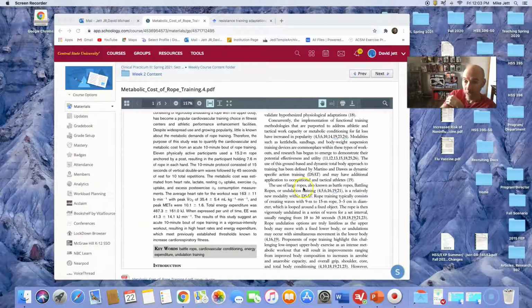So here they say that battle ropes, they're a thing now, but they're a relatively new modality, okay? So they're admitting that there's this new kid on the block, so to speak, that has not been well researched, okay? So there is some research about battle ropes, and they're going to talk about that here, okay?